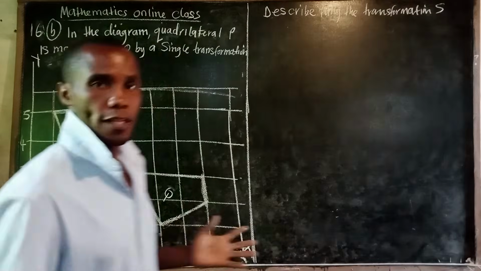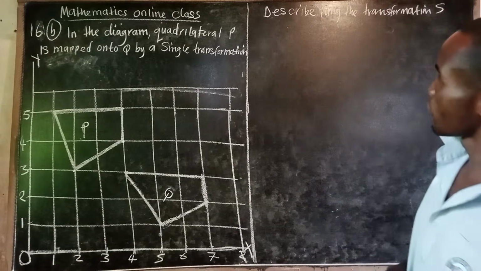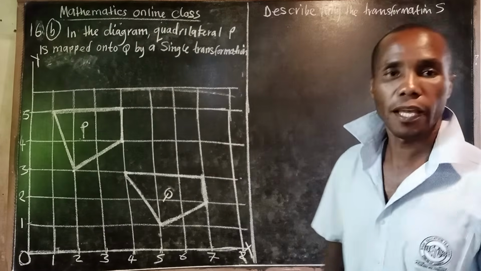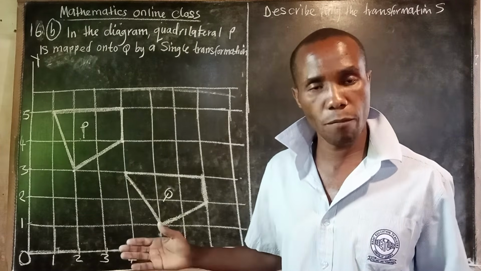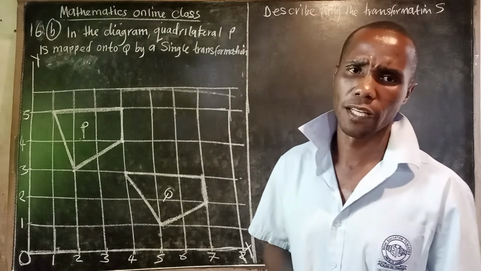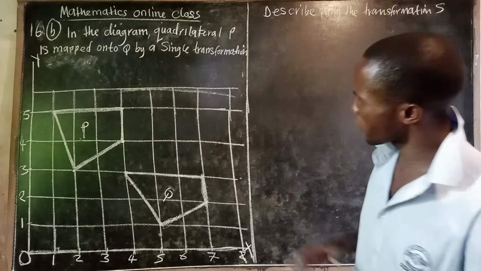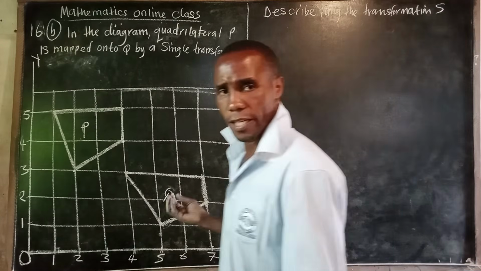Okay. So this is paper 1. And the first thing that you must understand is the type of transformation that we have in paper 1. So in paper 1, we have translation, we have rotation, we have reflection. So now, when you look at the one that you have here, can this be rotation?